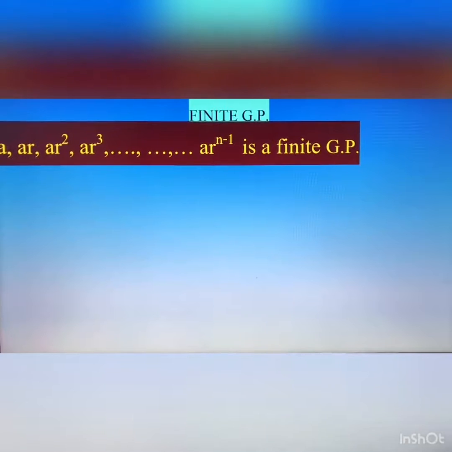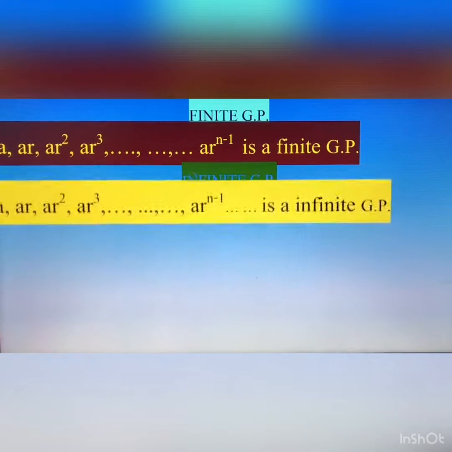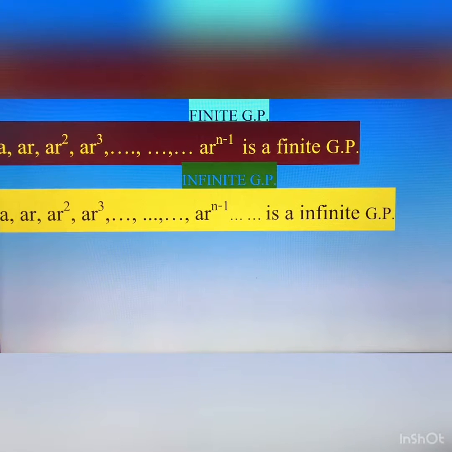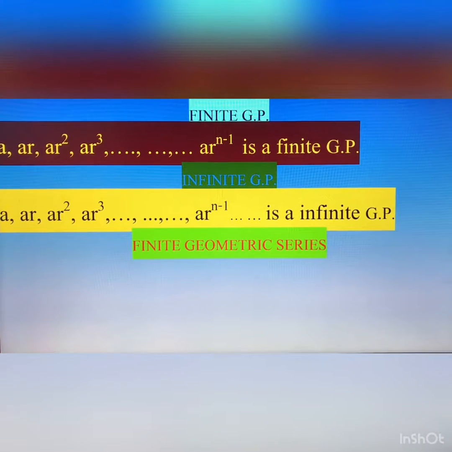The number of terms in this sequence is n, so this is a fixed number of terms, so this is a finite GP. Now infinite GP, that is A, AR, AR square, AR cube and so on up to AR raised to the power n minus 1 and so on up to infinity. So the number of terms is not fixed. So this type of GP is known as infinite GP.